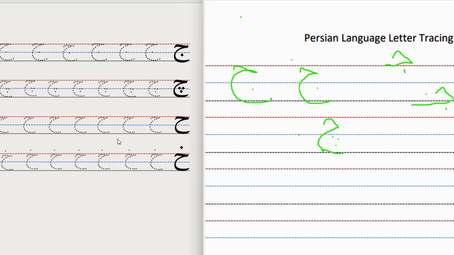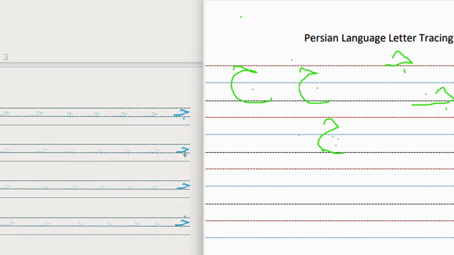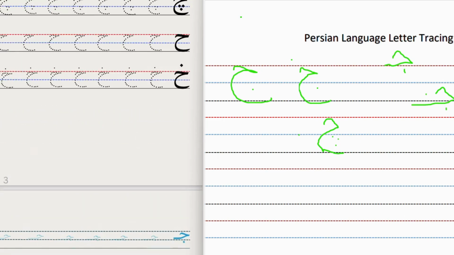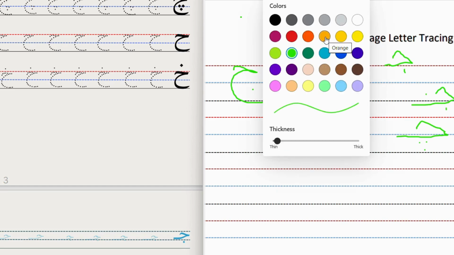So this is Che. And the same story goes for the small Che. Again, I hope I can do it better this time. I keep it simple. Let's say L, one line, two lines, and then a straight line, one, two, three. That is the Che sound. Maybe I need to change the color.